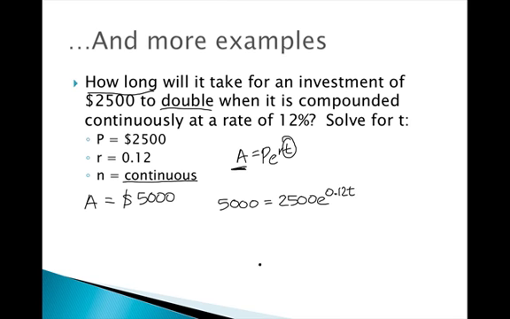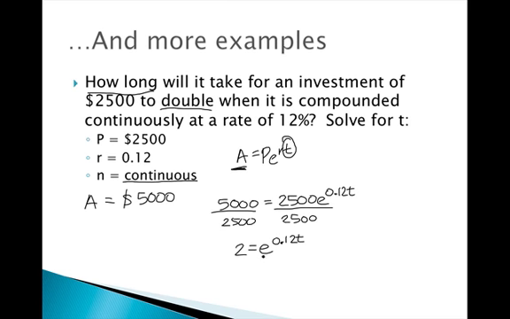And remember, we are solving for t. So back to our techniques. Is there any basic algebra that we can do? Yes. We can divide both sides by 2,500. So now we have 2 equals e to the 0.12 t.